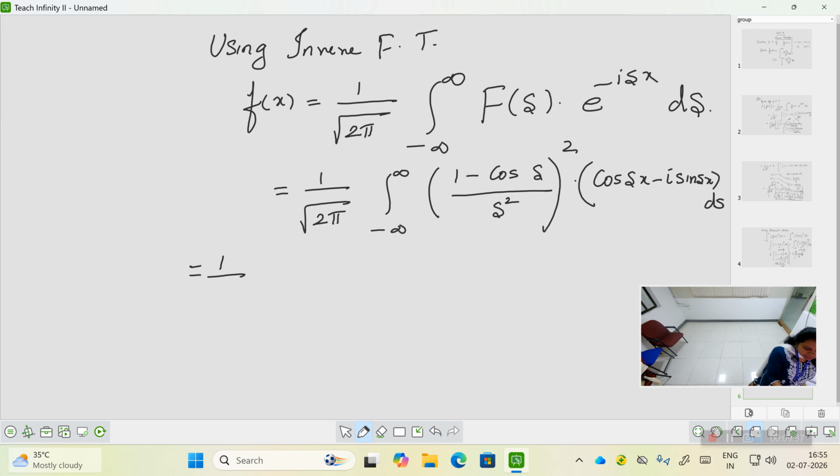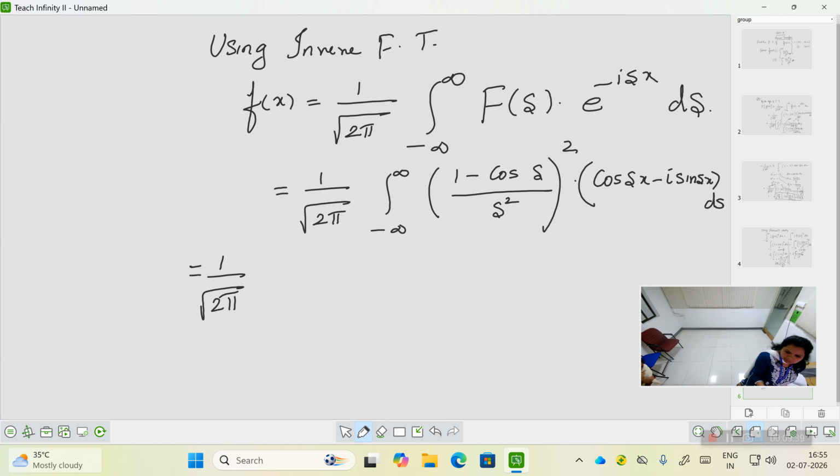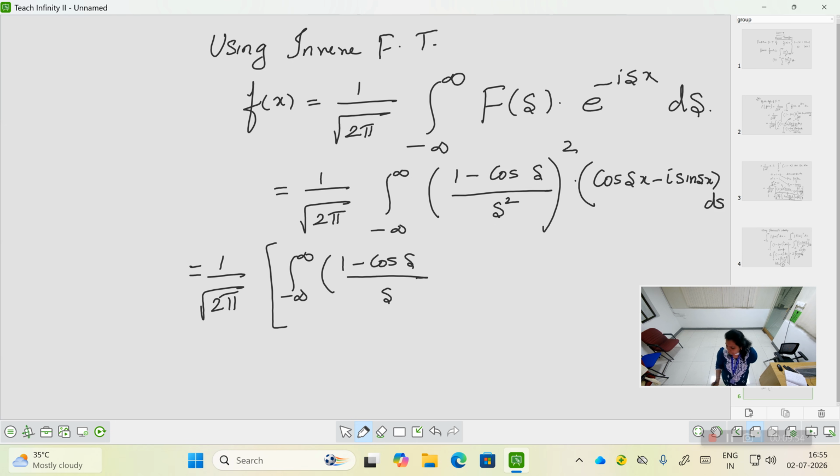Okay. So 1 by root of 2 pi you take it out. Separate this into 2 terms. So minus infinity to plus infinity of 1 minus cos s divided by s. I think this is s or s square. Yeah, listen here, one error actually.